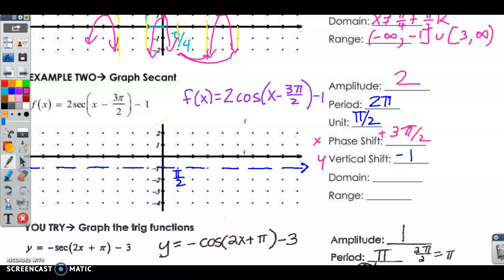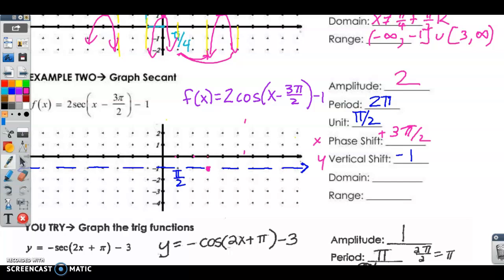Let's go ahead and put in our new 0, 0, counting by pi over 2. So we're going to the right 1, 2, 3, and then down 1. So there's my new 0, 0. Now, that point is not on the graph because we are graphing cosine, right? So, am I in the right place? Okay, yes.